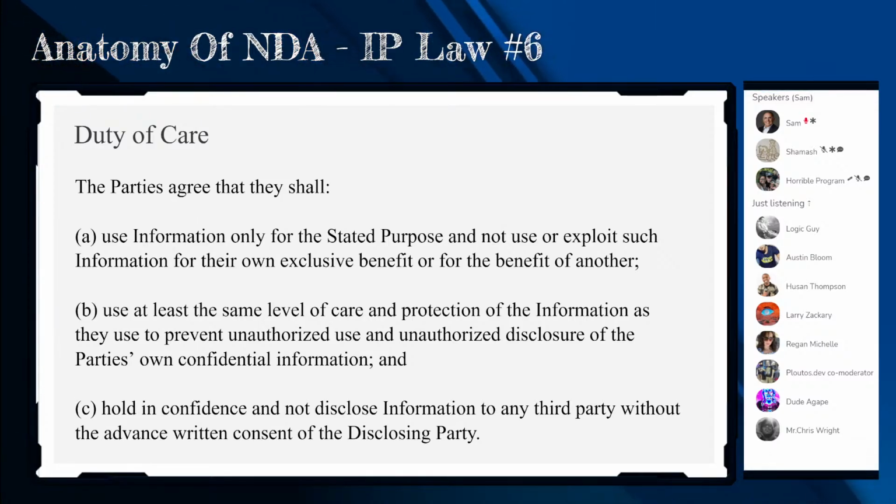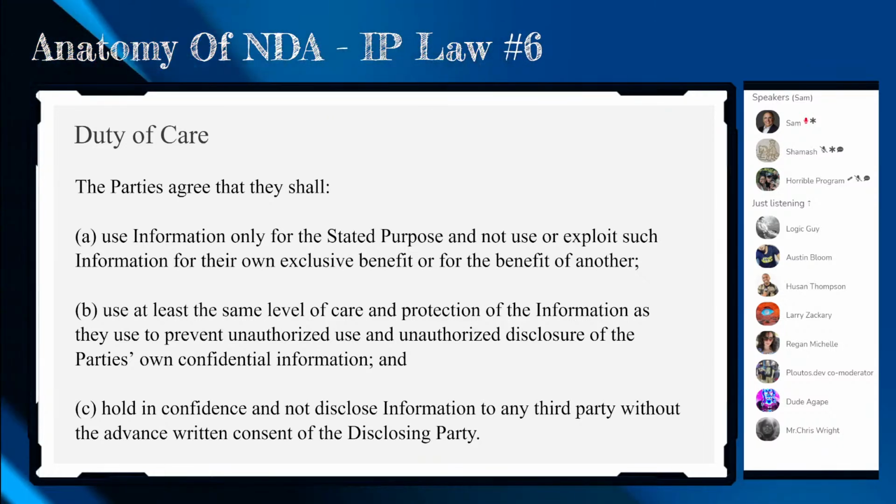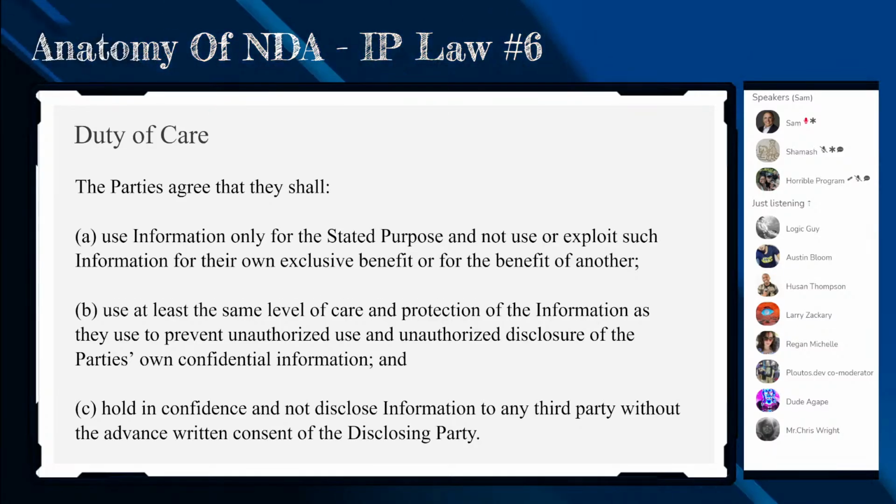So these are kind of the main meat of an NDA. It defines what an information is. It tells you what you're supposed to do with that information. It tells you what is not information.